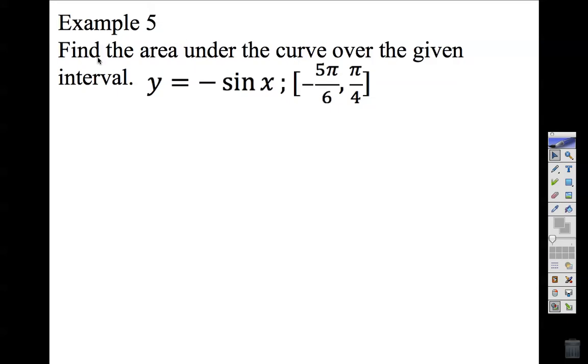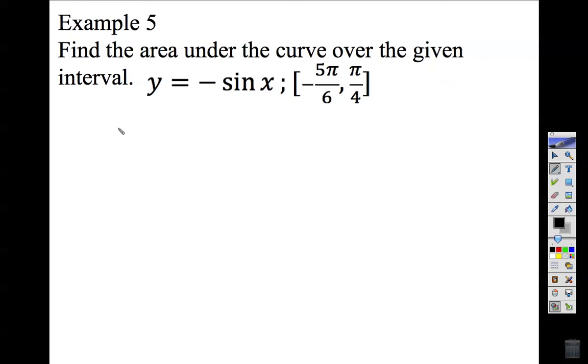Example 5, we are asked to find the area underneath the curve over the given interval. It's very similar, it's just a different way of asking the questions we've been asked so far. So we have a curve or a function, negative sine of x, and this is our interval. This is our a, and this is our b.